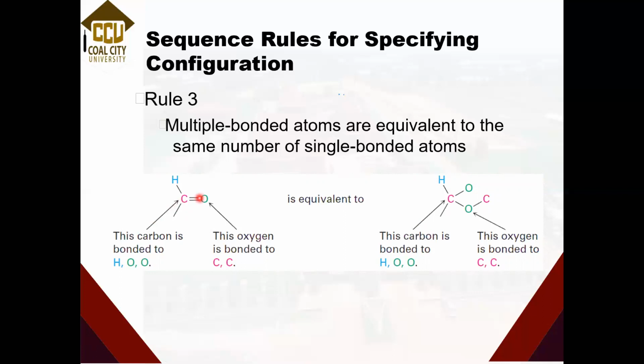After I have considered this oxygen, I have to consider it again because this double bond is telling us that it's bonded to 2 carbons, not literally, but for the sake of this configuration, we take a double bond to mean that it is bonded to 2 carbons, just as though it is singly bonded to 2 different carbons.